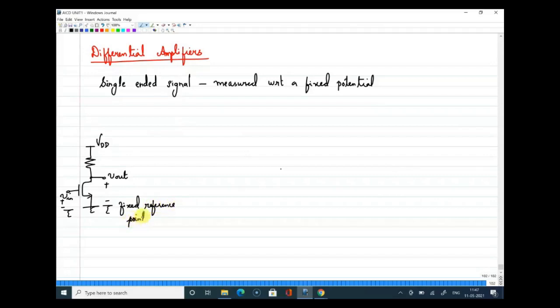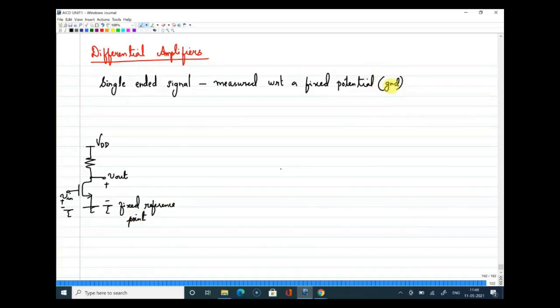Similarly, you have input voltage connected to gate with respect to ground. Again, ground is a fixed reference point. So whenever we say single-ended signal or single-ended amplifiers, the meaning is the output or input or the signal itself is measured from a node from an IC or from a node in a circuit with respect to a fixed reference point, and that fixed potential in most cases turns out to be ground.